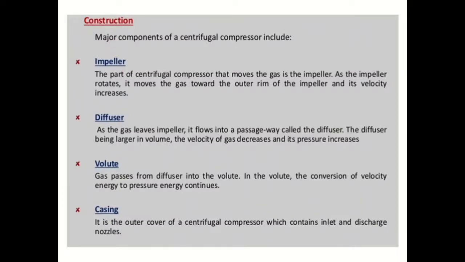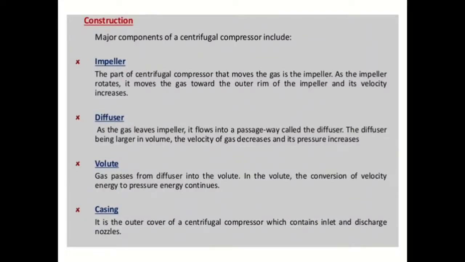When the air is passed through the impeller, which is a rotating part, it pushes air to the diffuser. When it passes through the diffuser, the velocity of the gas decreases and its pressure increases. Further reduction in velocity and further increase in pressure occurs at the volute.